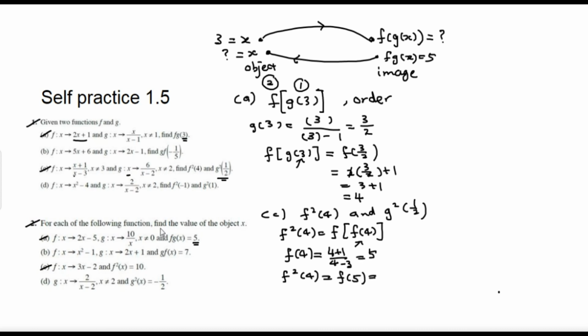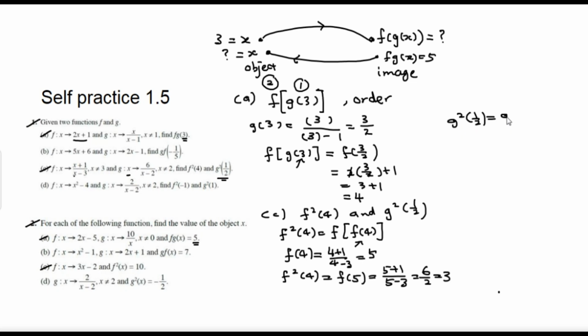Substitute into the f function: 5 plus 1 over 5 minus 3. That is 6 over 2, which is equal to 3. That is f squared of 4.